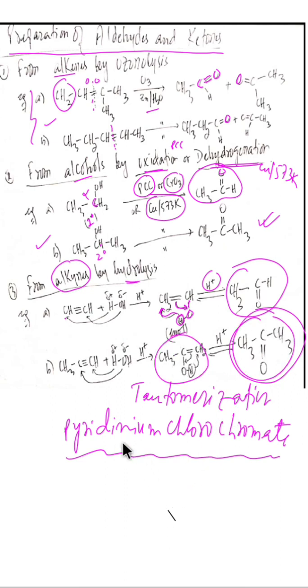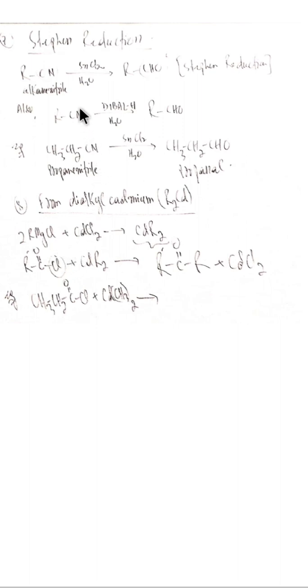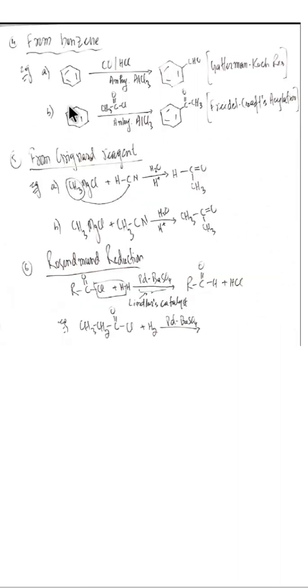Okay. Now let us move to the next preparation of aldehydes, which is from benzene. Aldehydes and ketones can be prepared from benzene. So when benzene is reacted with carbon monoxide in presence of HCl and anhydrous aluminum chloride, then CHO will be attached to benzene. This is an electrophilic substitution reaction, and this reaction is called the Gattermann-Koch reaction.